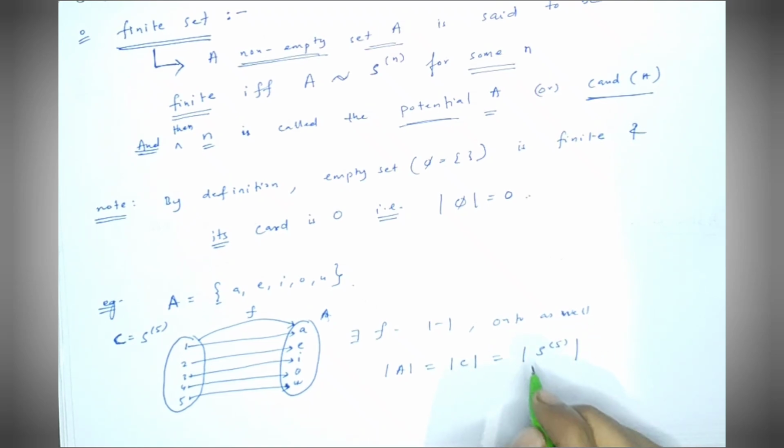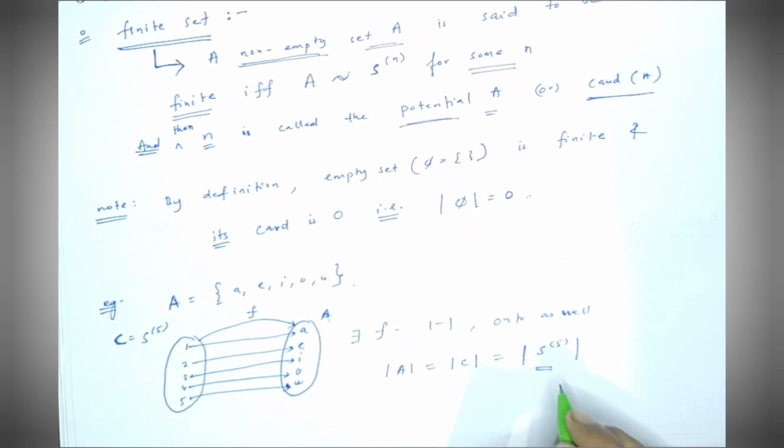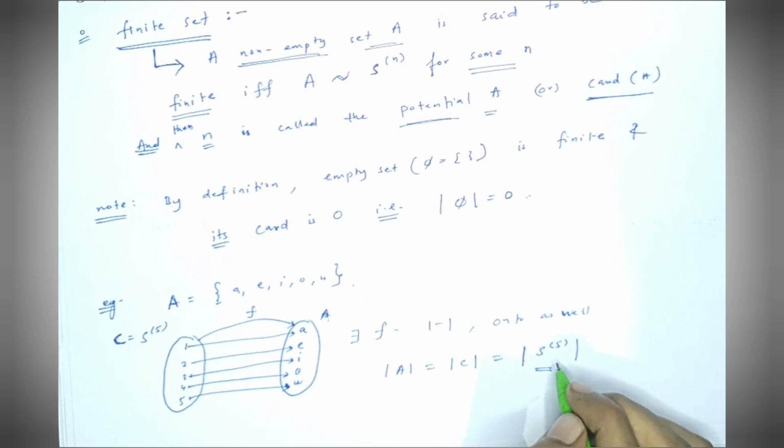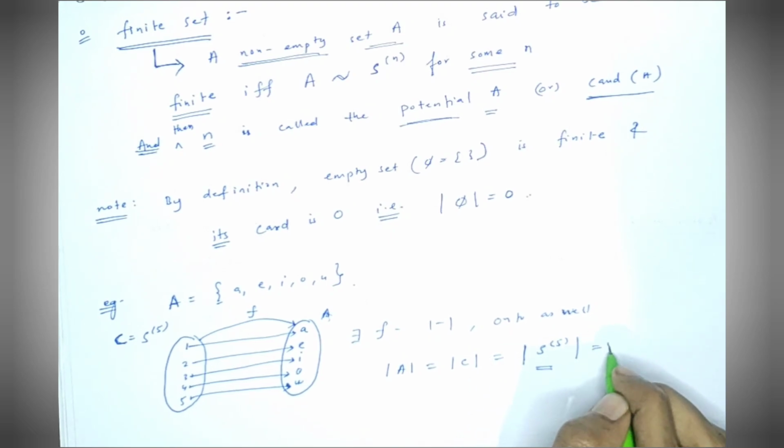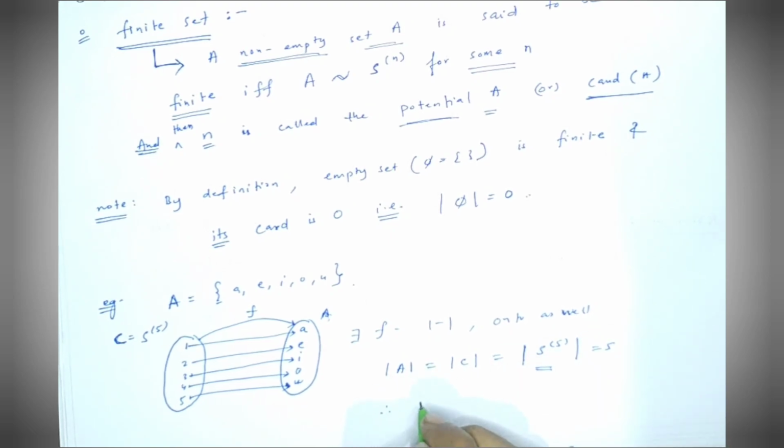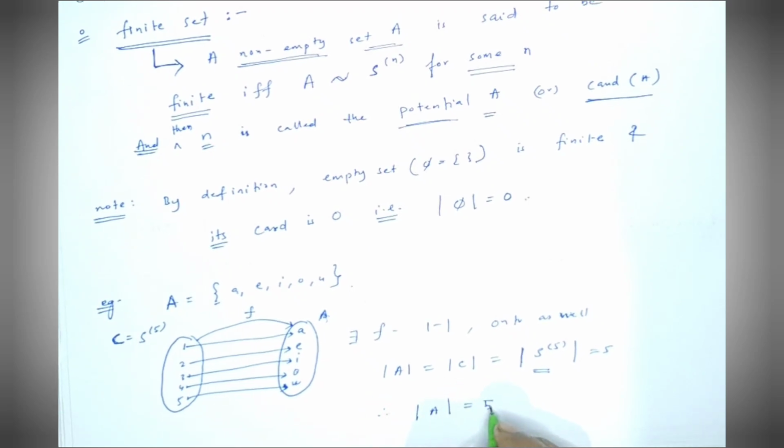Since the cardinality of S5 is 5, the potential or size of set A is equal to 5.